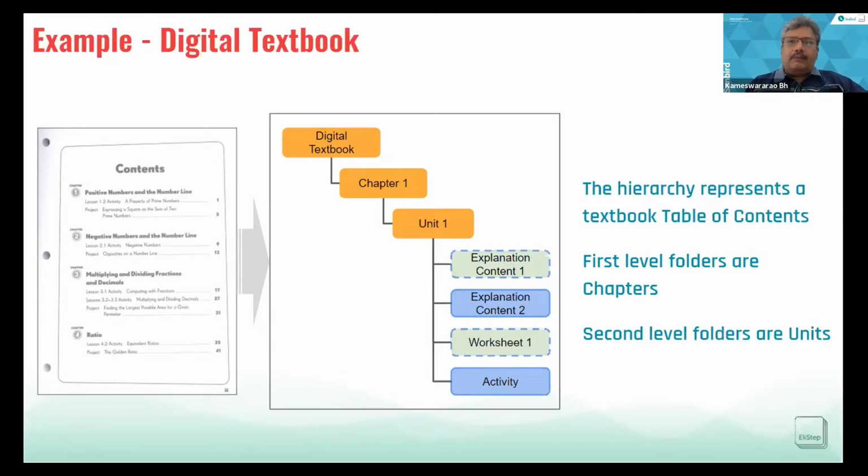And then you can also specify what type of assets you want to link in a digital textbook. It could be content, it could be question sets, and maybe you restrict it to content, question sets, and some other types of objects.